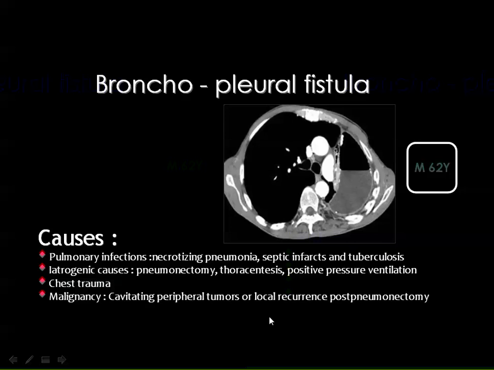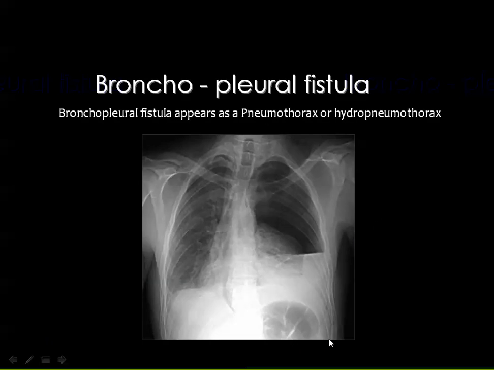Iatrogenic causes include post-pneumonectomy, thoracocentesis, and positive pressure ventilation. Post-traumatic causes include penetrating injuries, for example, and in cases of malignancies, cavitating peripheral tumors or local recurrence of tumors after pneumonectomy.